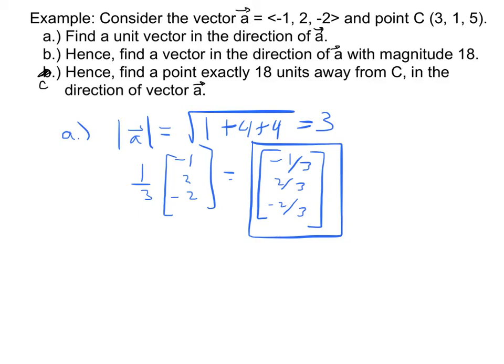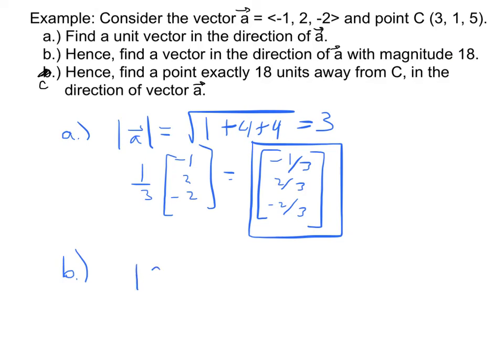Part B. We now want to find a vector that's in the same direction, but has a magnitude of 18. If you think you've got an idea here, think about it and see if you've got a thought. If you don't, then the hint I would give is, we just found a vector that has a magnitude of 1. This vector is 1 unit long. If I want a vector that's 18 units long, it would be 18 times bigger than this.